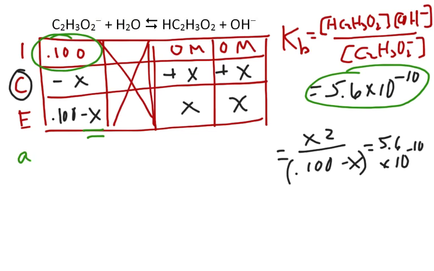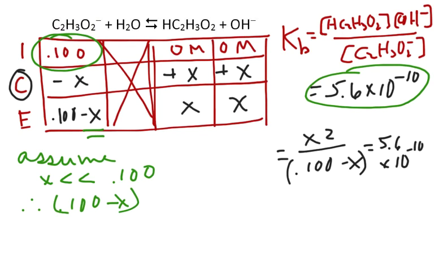So we'll assume that X is much smaller than 0.1, therefore 0.1 minus X is about the same as 0.1.